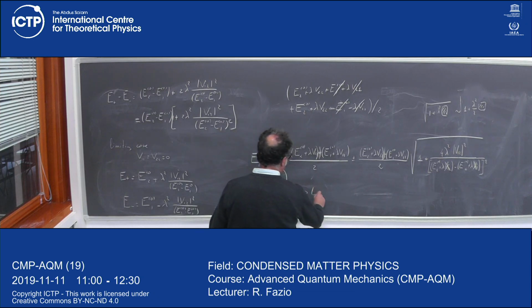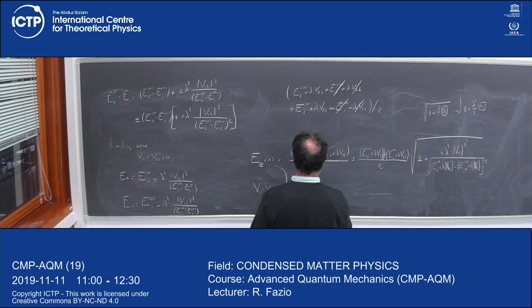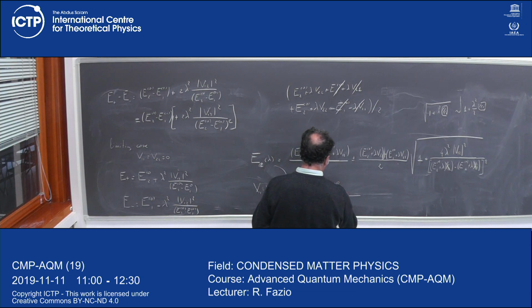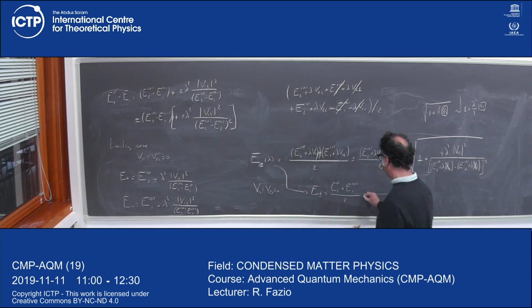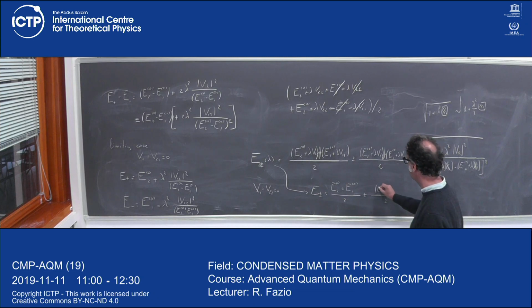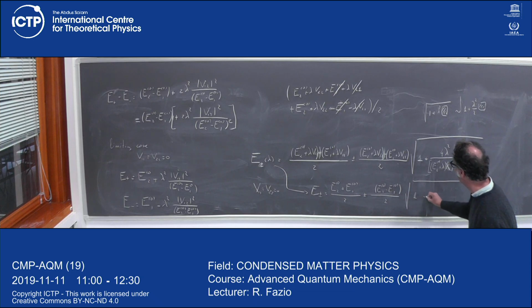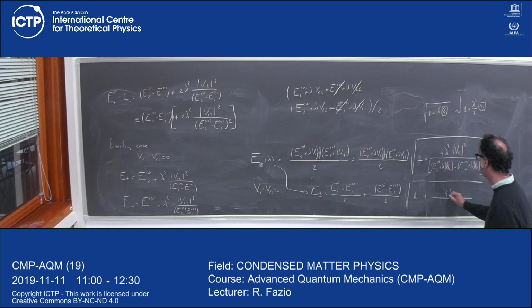E plus minus equals, I just consider E02 plus E01 over 2, plus minus the square root.